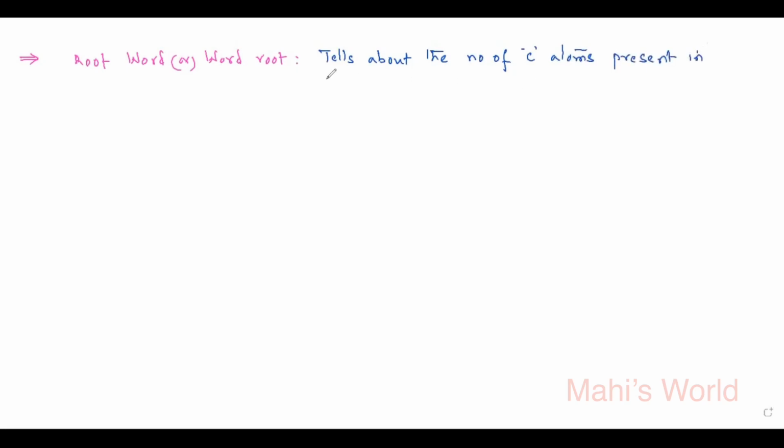Now let us see what all these are. Coming to the first one, let me tell you what the root word is. Root word or word root tells us about the number of carbon atoms present in the parent chain, or you can say main chain, or the principal chain.